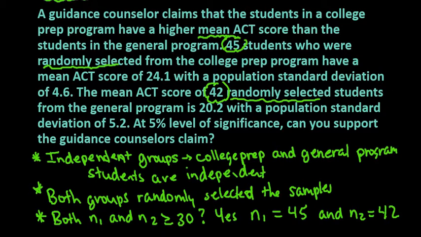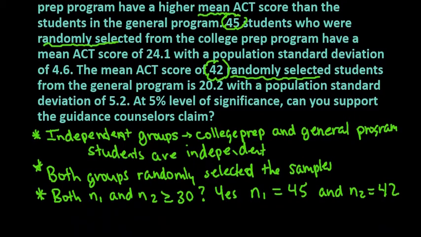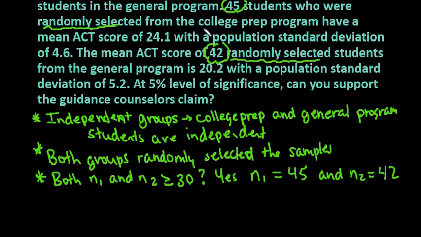Okay, and then the last one that differentiates between whether you use a z-test or whether you use a two-sample t-test is whether you know the population standard deviation or the sample standard deviation. Okay, since the population standard deviations are both known, that means that we would use the two-sample z-test.